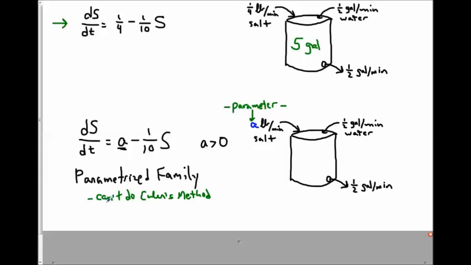So we can't do Euler's method. Depending on your software, you may or may not be able to do slope fields. Really, you can't do slope fields because, again, the actual picture would depend on what A is, so you really need to specify an A to get an actual slope field.